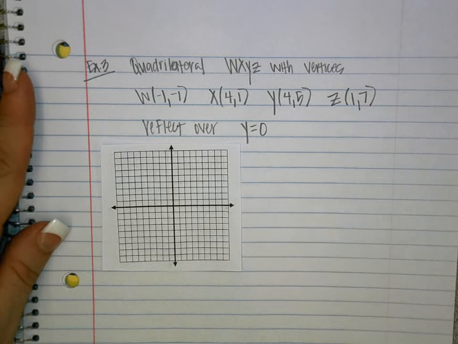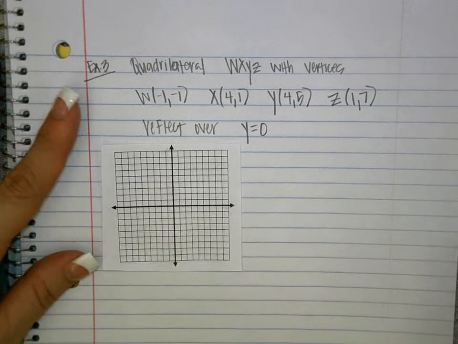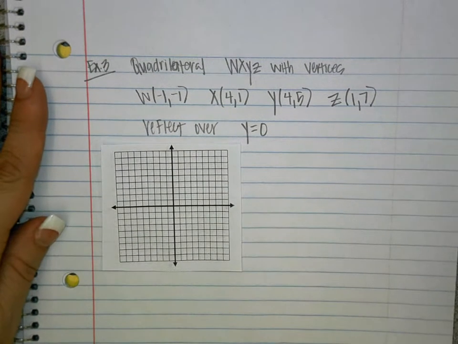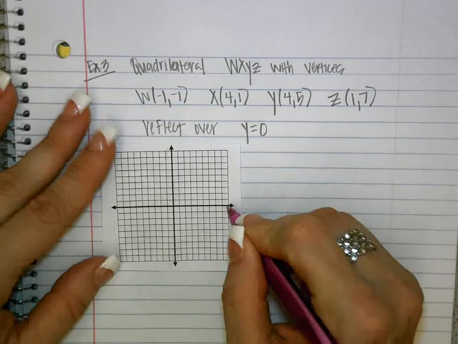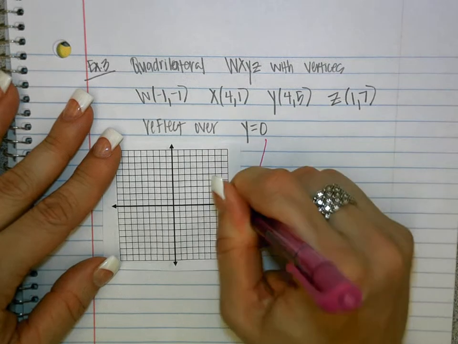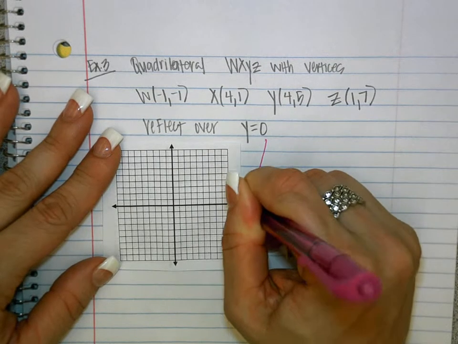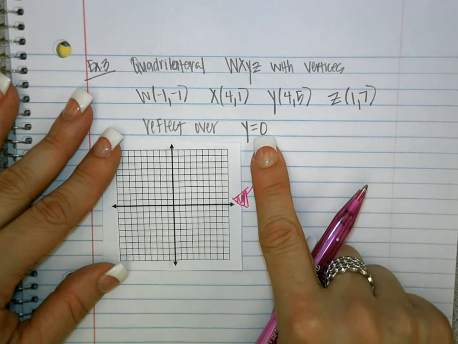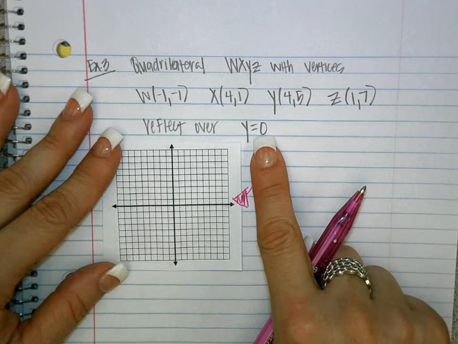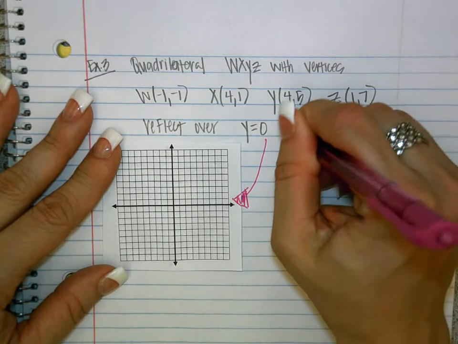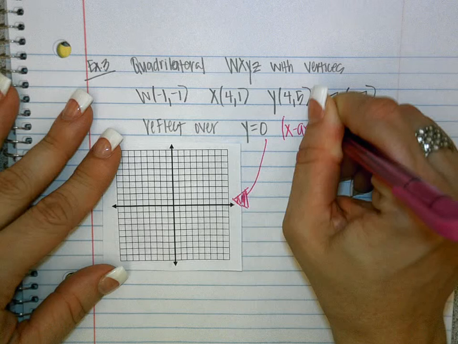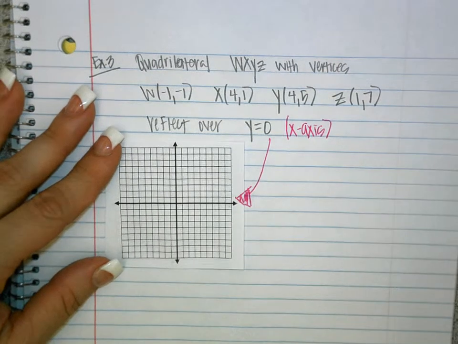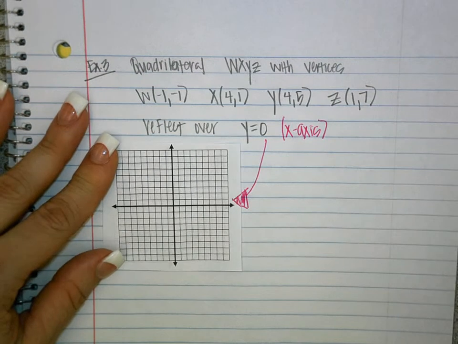Y equals 0 is right here. What's another word for y equals 0? The x-axis. Okay, y equals 0 is actually the x-axis.